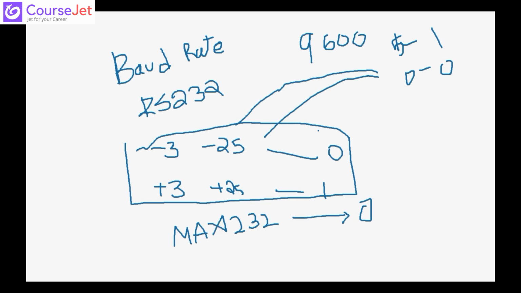Whenever there is any signal between +3 to +25, it will say that it is logic 1. So it no more needs this 0 or 5 volts logic when you are using this MAX232 device.